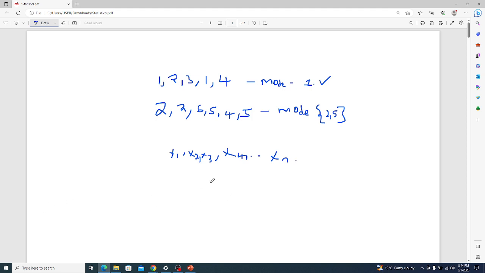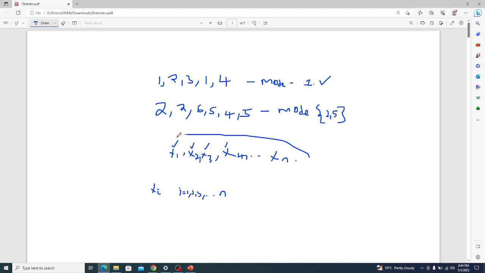These are our x values, they are the xi's, whereby i takes 1, 2, 3 up to n.